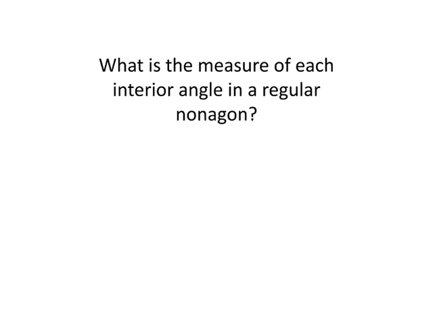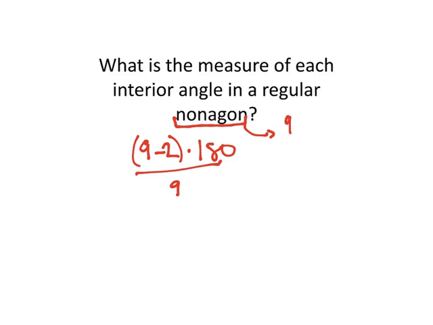What is the measure of each interior angle in a regular nonagon? Same thing. We're going to take 9 minus 2 times 180 and then divide by 9. Remember, this means 9 sides. So 7 times 180 divided by 9. 7 times 180 is 1,260.